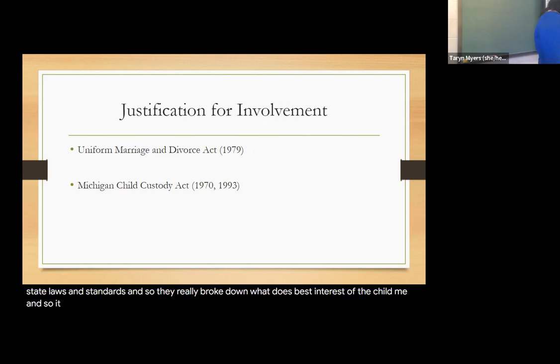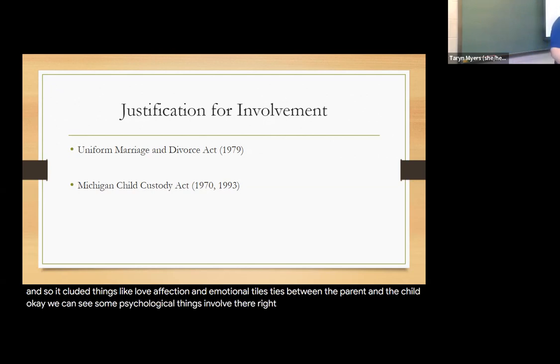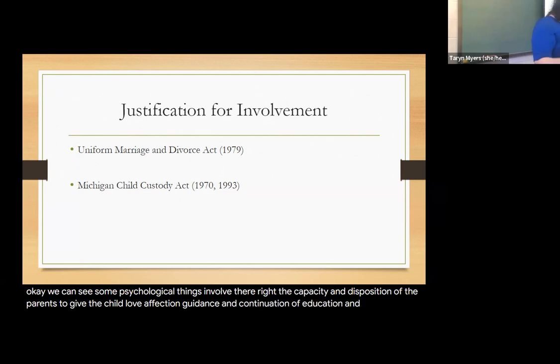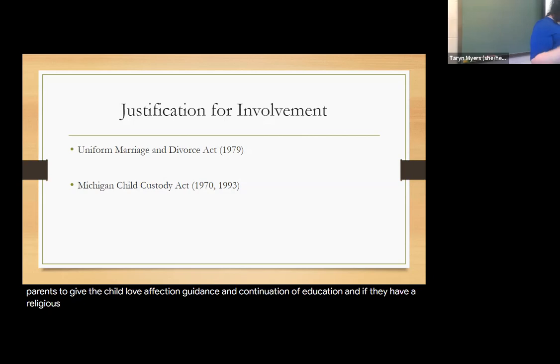And so it included things like love, affection, and emotional ties between the parent and the child. Okay, we can see some psychological things involved there, right? The capacity and disposition of the parents to give the child love, affection, guidance, and continuation of education. And if they have a religion or creed, continuing to raise the child within that.